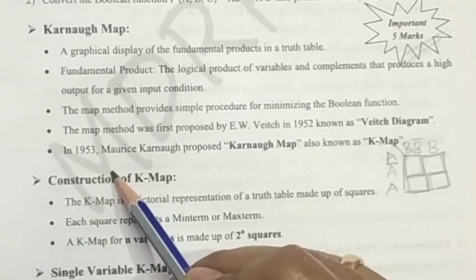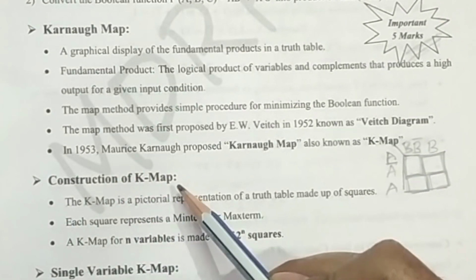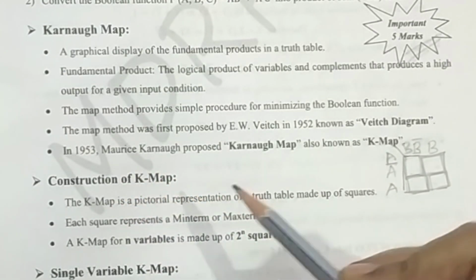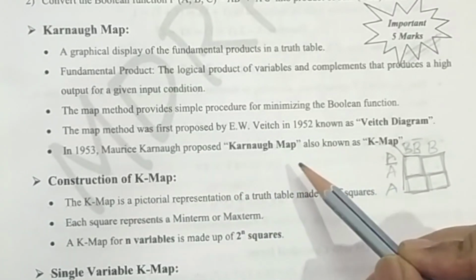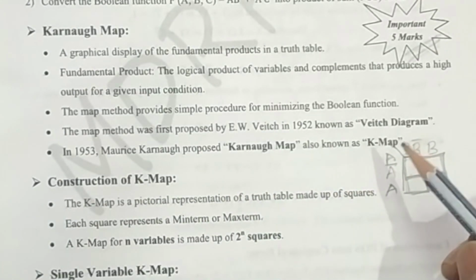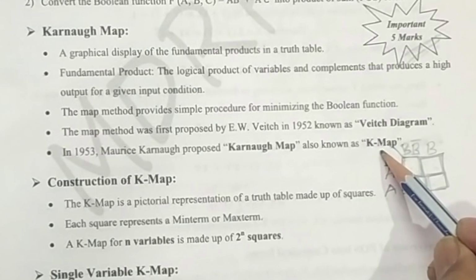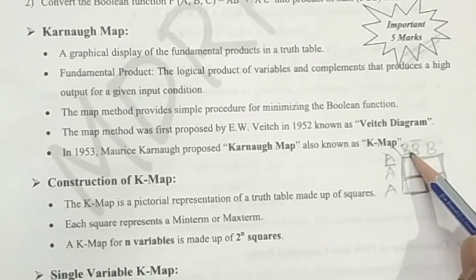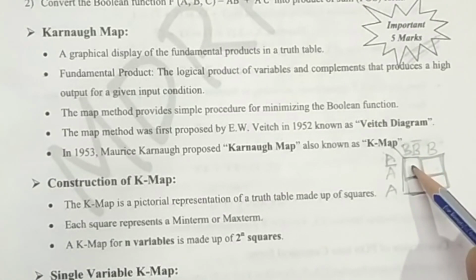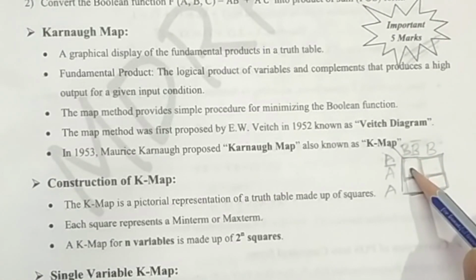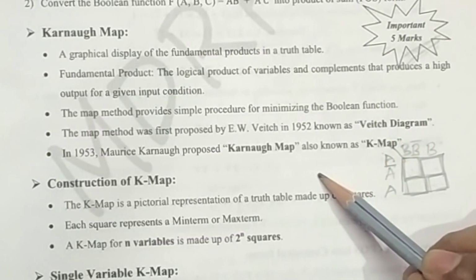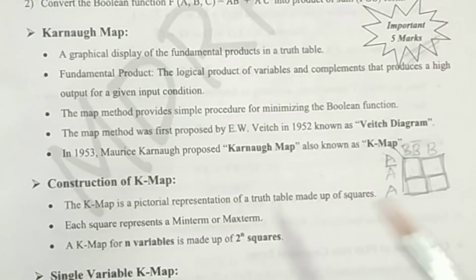In 1953, Maurice Karnaugh proposed the Karnaugh map, also known as the K-map, and in that he used variables and the result as variable combinations. That is the difference between the Veitch diagram and the K-map, and commonly we use the K-map nowadays.